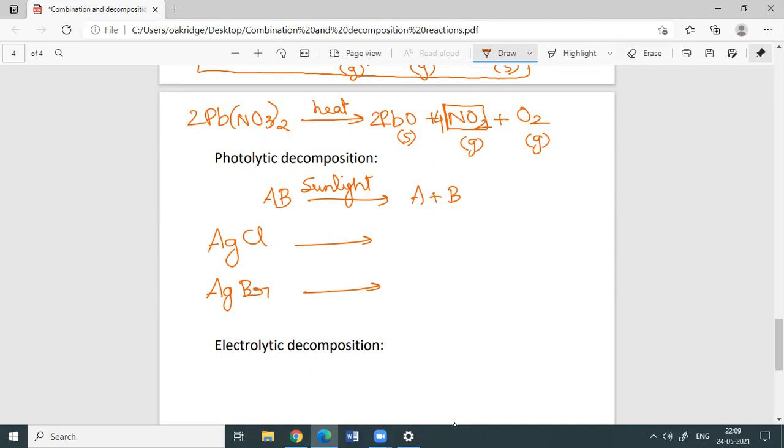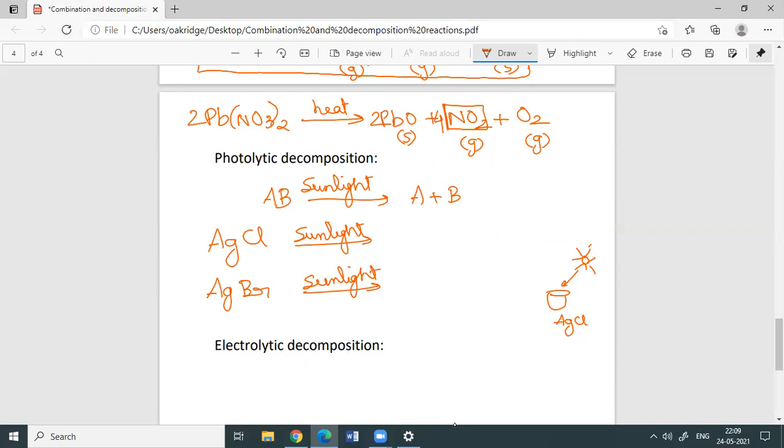If you see the textbook, you will find a china dish is taken in which AgCl will be taken, and there will be sunlight falling on it. This image is there in the textbook, and there's a color change. I want you all to see the color change of AgCl to Ag and comment it in the comment box. I would like you to check the color and get back.